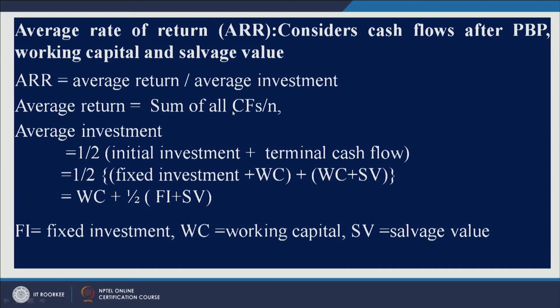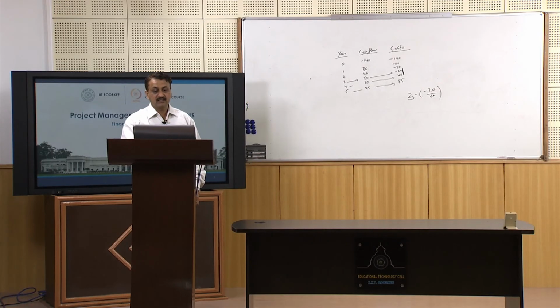Average investment is what? It is initial investment plus terminal cash flow. Initial investment can again be broken down into two parts: fixed investment plus working capital. So, here working capital comes into the picture, and terminal cash flow is working capital plus salvage value.